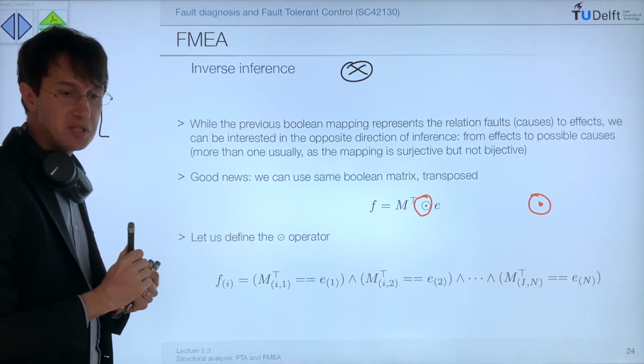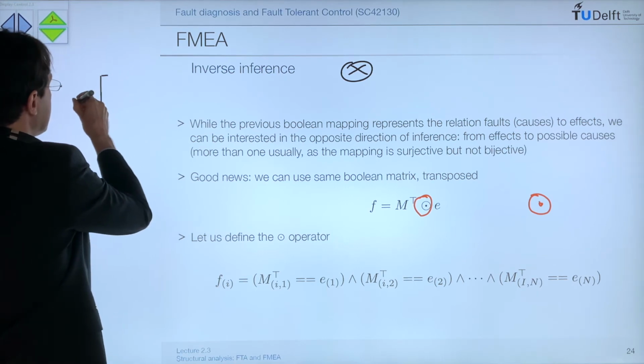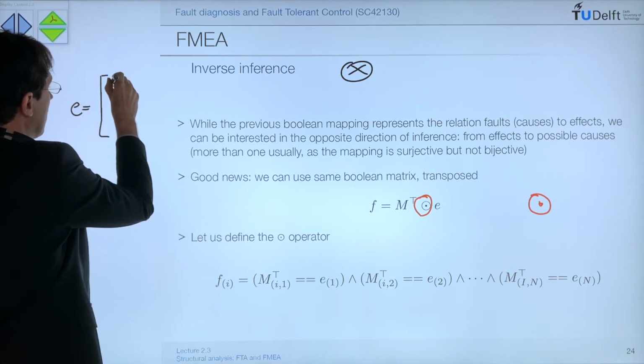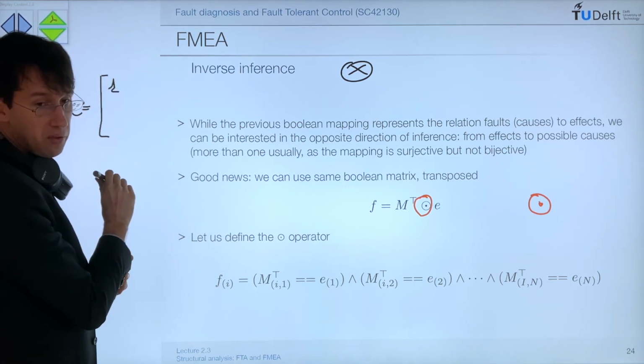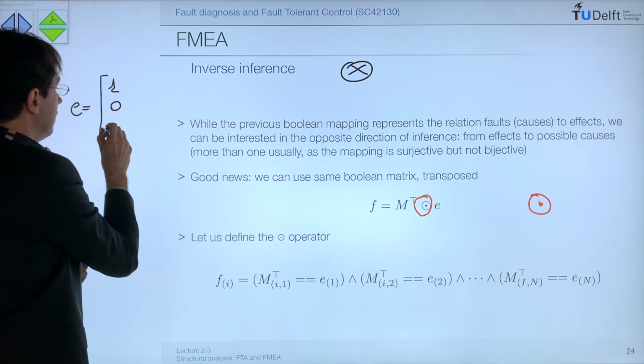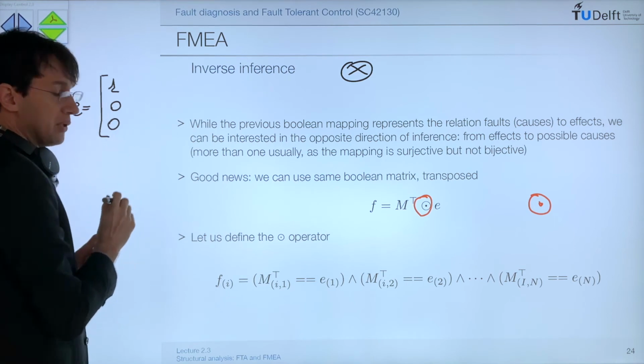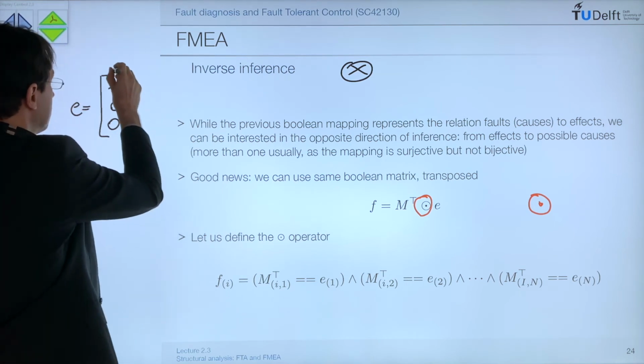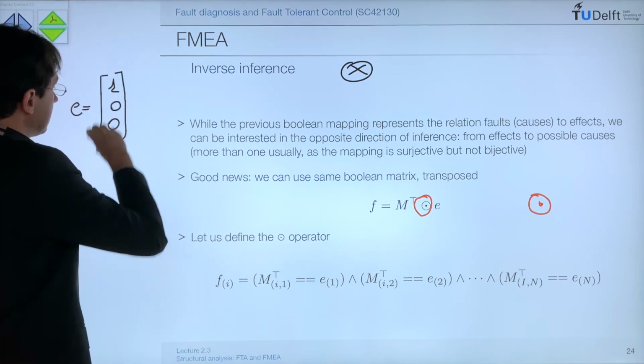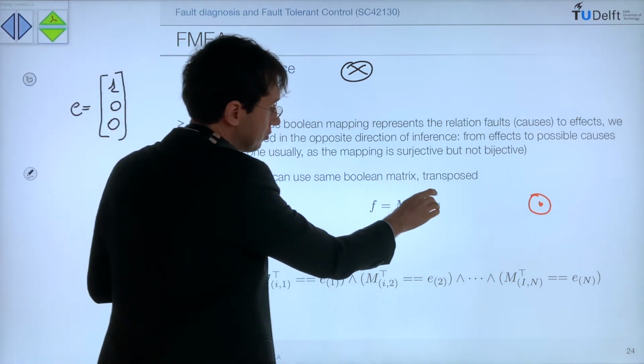But the only thing that you see is no light, then E should be equal to 1, no light, 0, because you don't hear any strange noise, 0, because there are no strange vibrations. So this is the value that you need to put here.